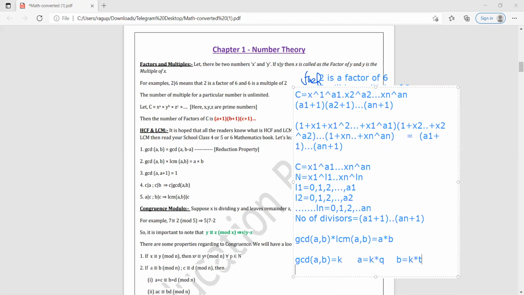Now we also know that GCD means the greatest common divisor. Let's say that Q and T have a common factor.